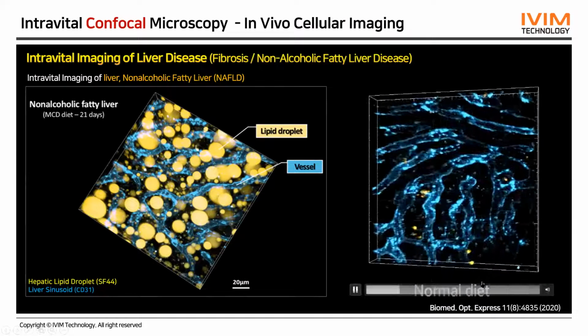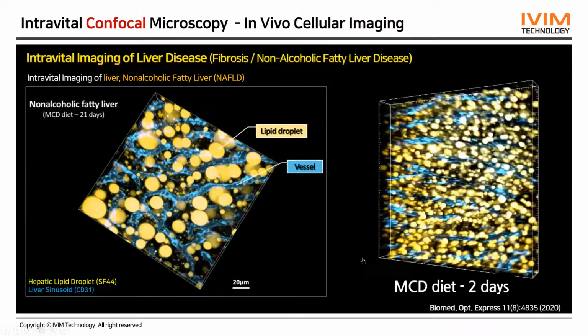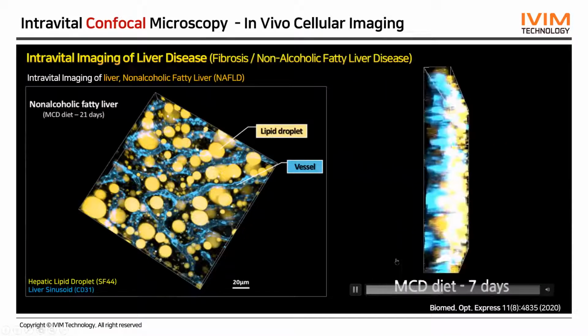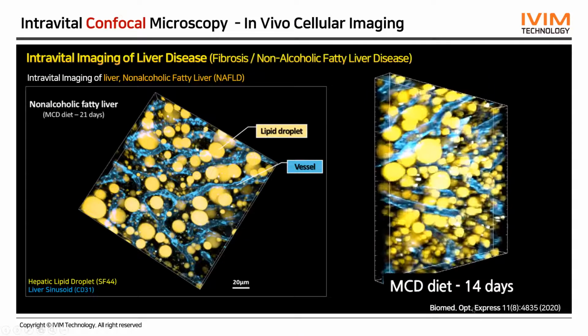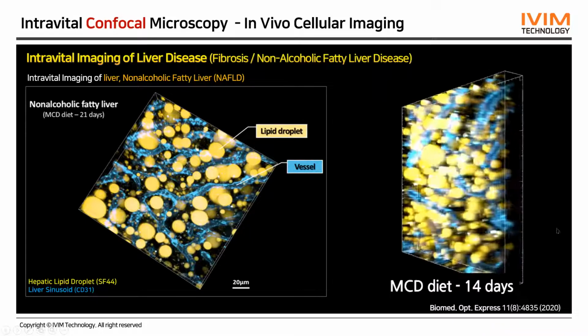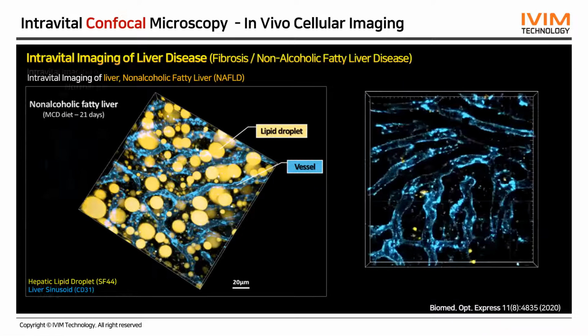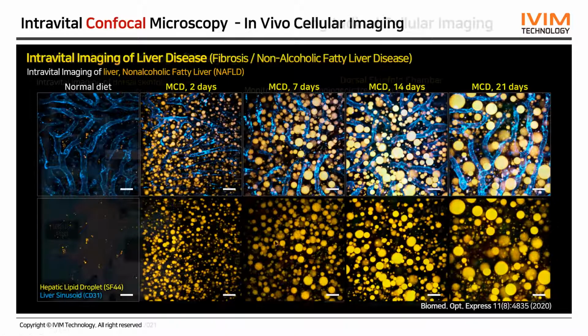Two days after this MCD diet, you can see the formation of numerous small lipid droplets, and then over time, these lipid droplets increase in size like this. Again, all this data was obtained using Confocal imaging mode with the IntraVital microscope. We can see the progression of the fatty liver in a live mouse model.